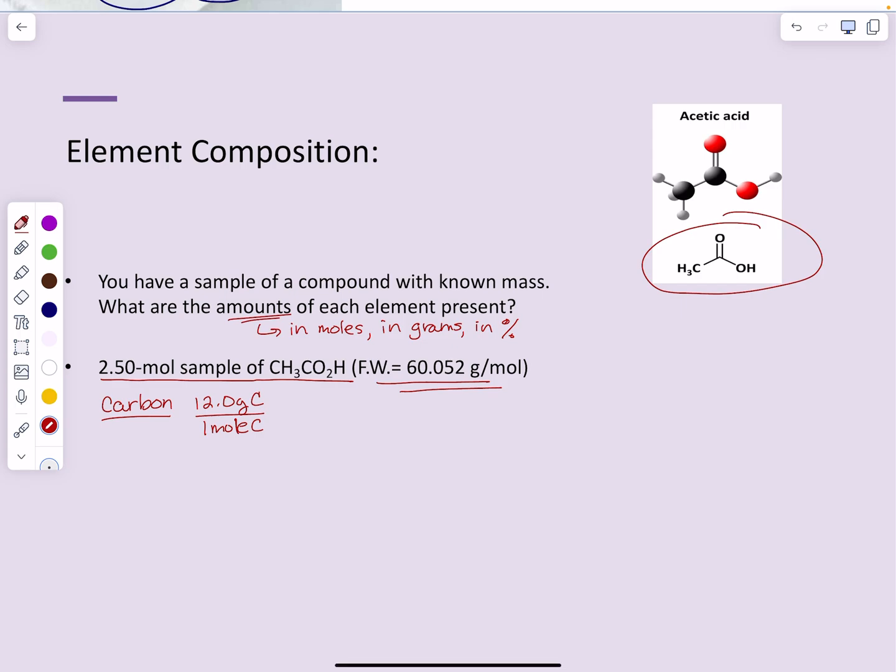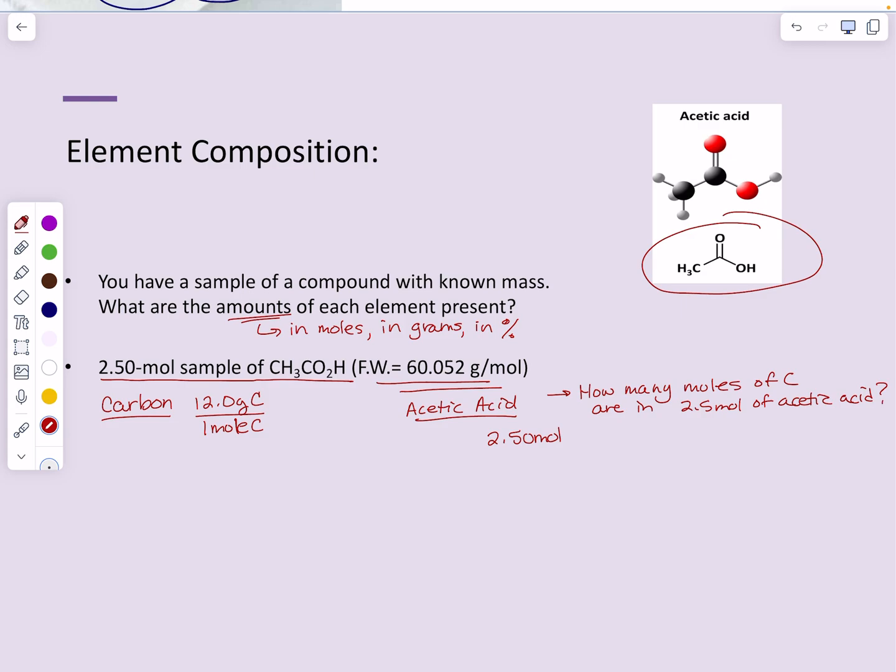All right, so I have acetic acid. So we have 2.50 moles. Let's figure out in our compound how many moles of carbon are in 2.5 moles of acetic acid.